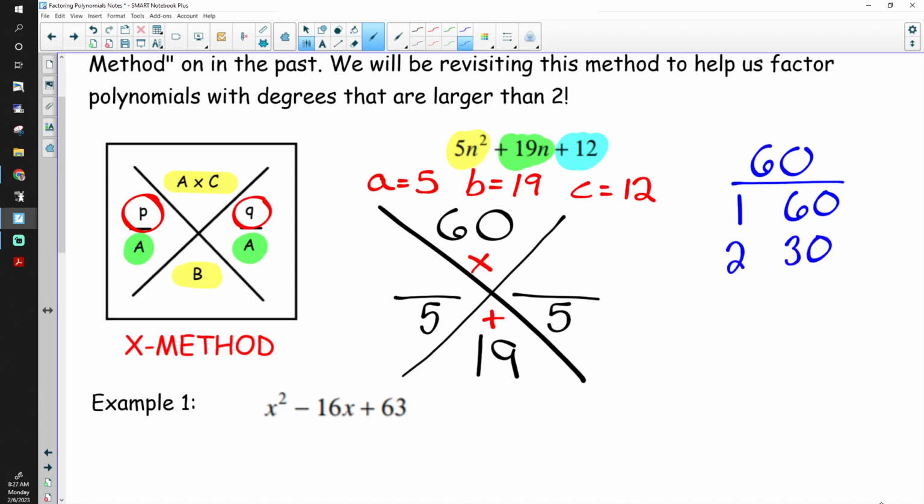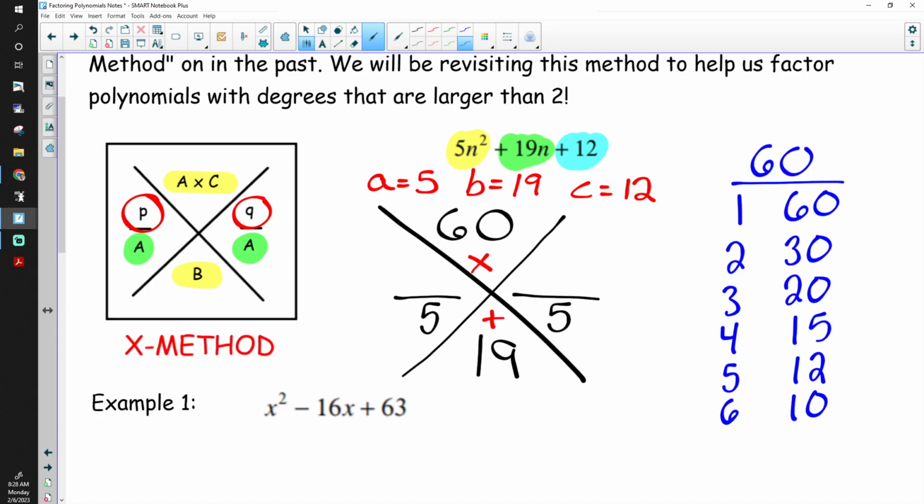That makes 60. We got 3 times 20. Okay, we got 4 times 15. And we got 5 times 12. And 6 times 10.